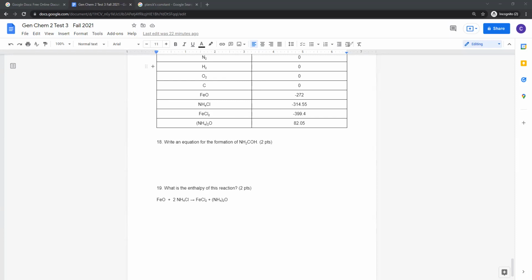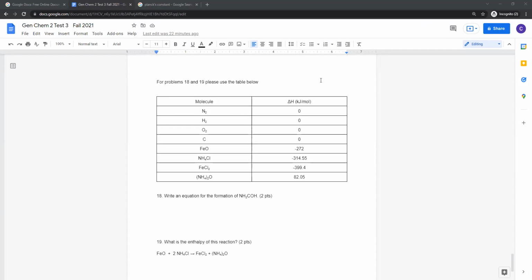So first off, write an equation for the formation of NH2COH. All right, so a formation equation is basically you take compounds in their stable state, like N2, H2, O2, and C, and you combine them to make NH2COH.